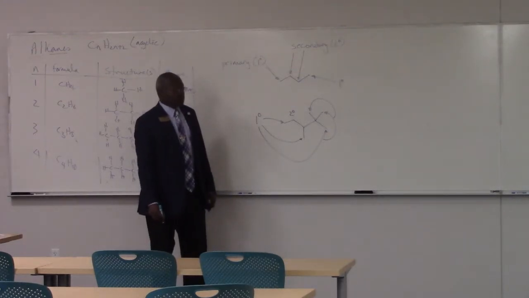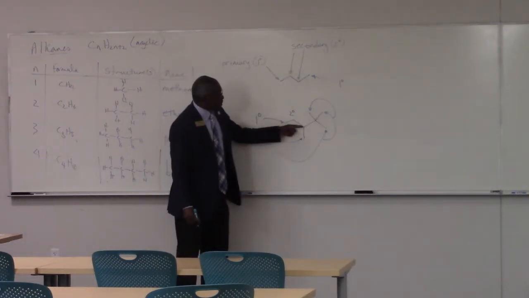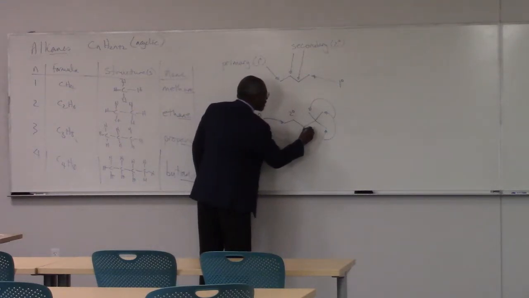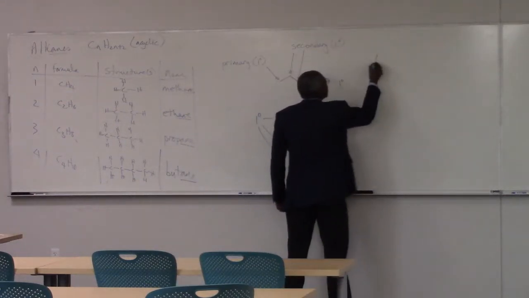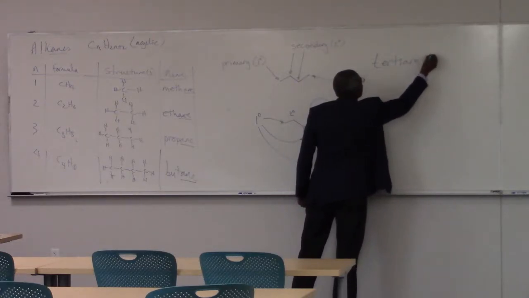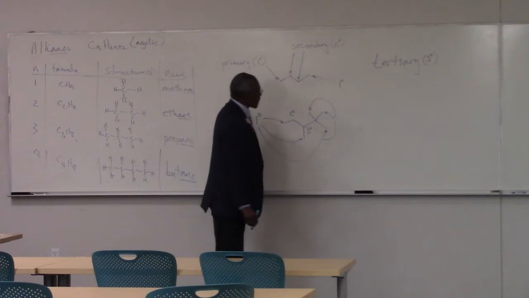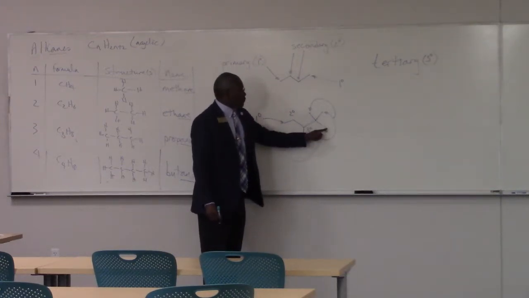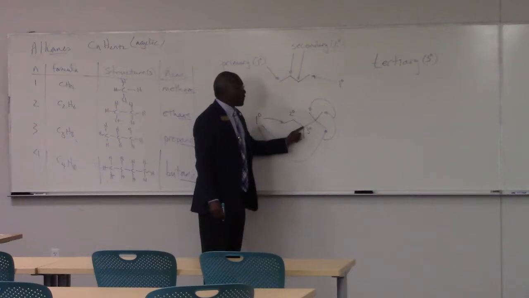Are there any others? Well, this one is bound to 1, 2, 3. So this is a tertiary carbon. That's spelled tertiary. This carbon is bound to 4 other carbons: 1, 2, 3, 4.